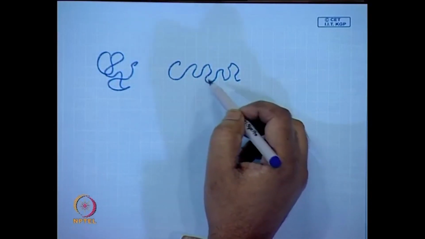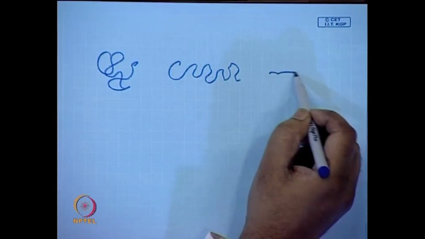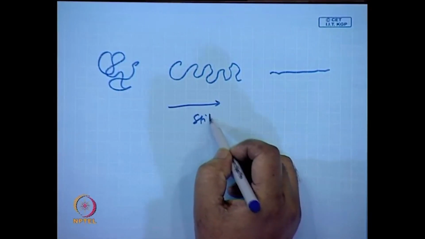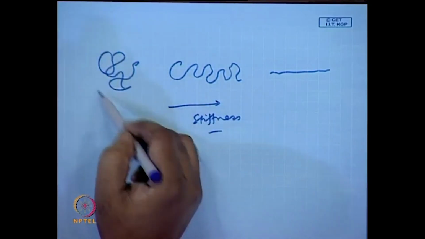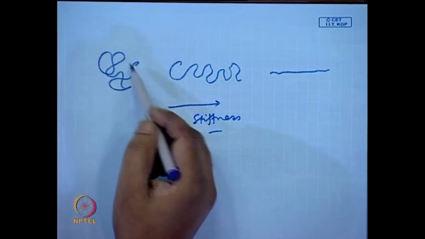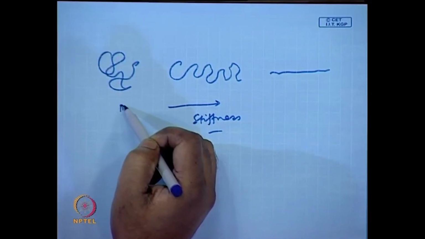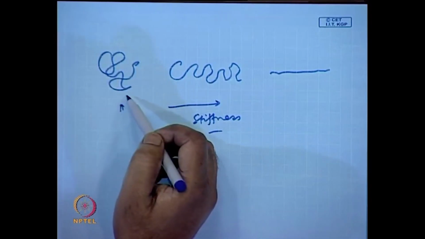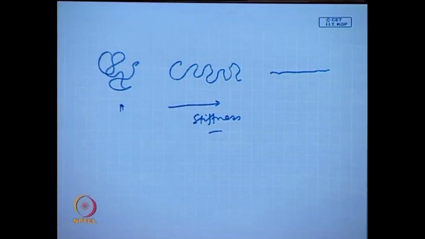If the chain becomes even stiffer, then finally it will be like a rod. So, this is as the stiffness of the backbone goes up. Most polymers we will deal with in this class, and come across in applications, fall in the category where the polymer is flexible enough to be close to a random coil rather than worm-like or rod-like.